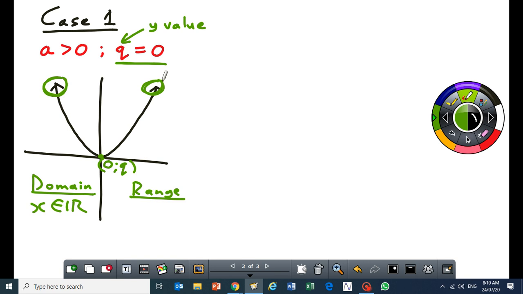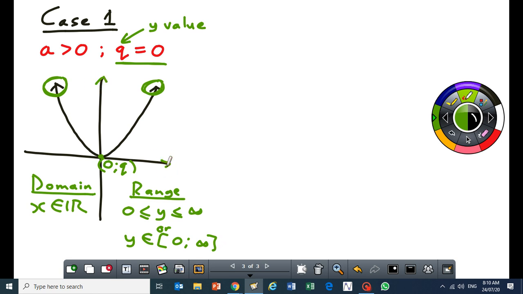So your range, you can write it as 0 is less than or equal to y, less than or equal to positive infinity, or you can write it as y is an element of, open square bracket, 0, and then you put your positive infinity. Okay, so this is how it looks like.